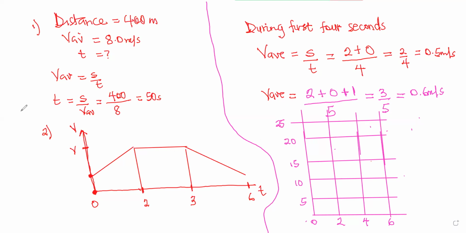Now, the motion of object A starts from rest, passes through 15, and then ends somewhere here.